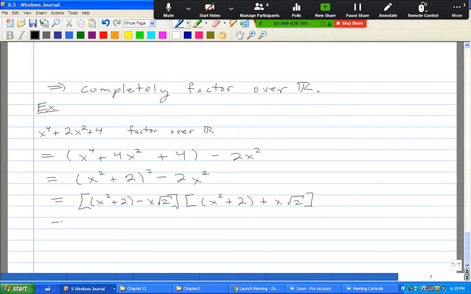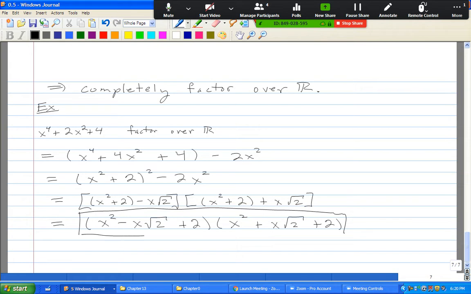So this is equal to, let's write it in nice descending order, x squared minus rad 2 x plus 2, times x squared plus rad 2 x plus 2. And that is completely factored over the reals.